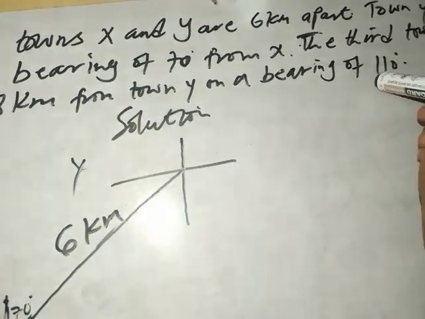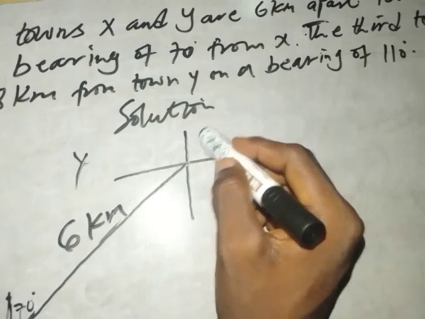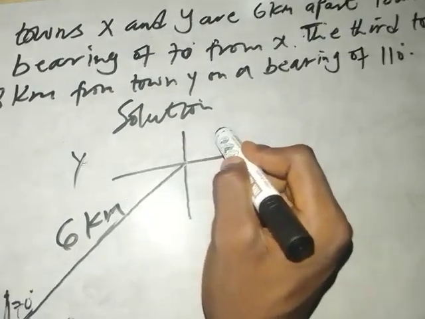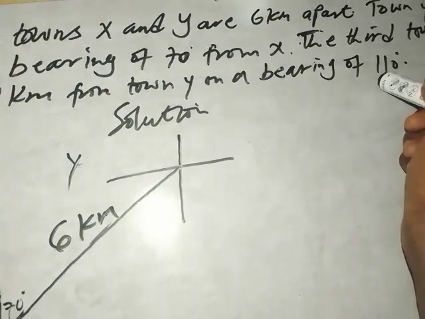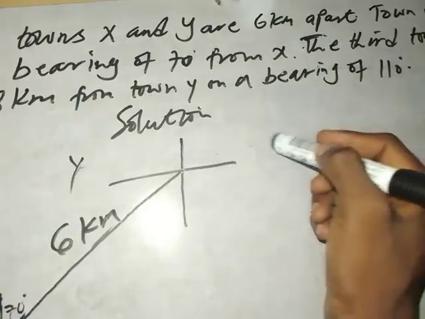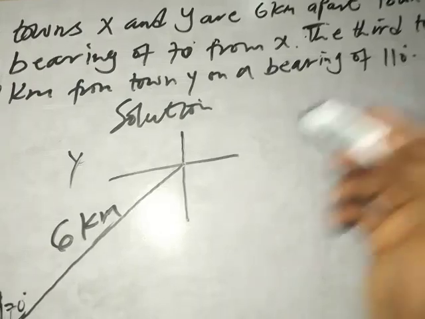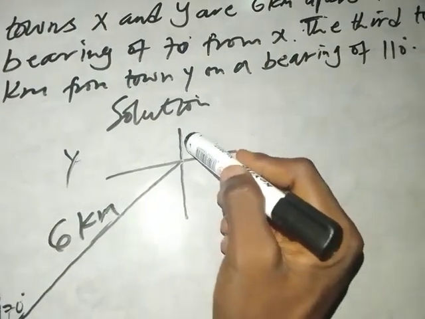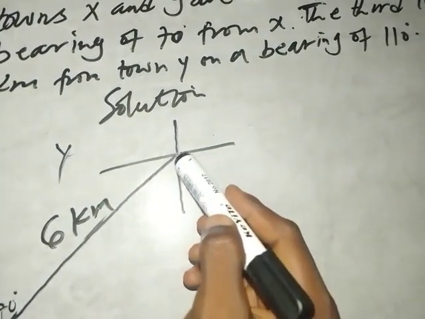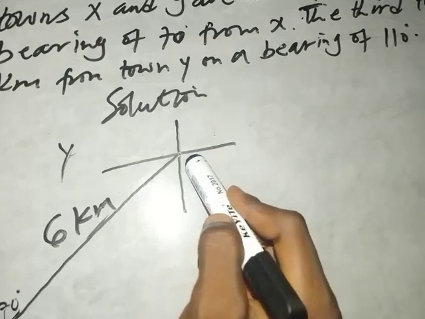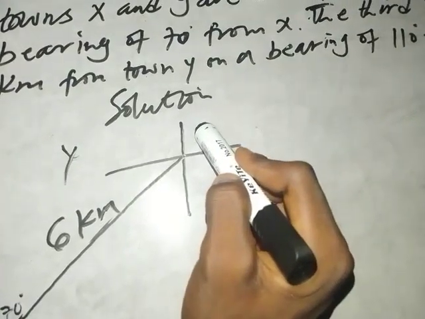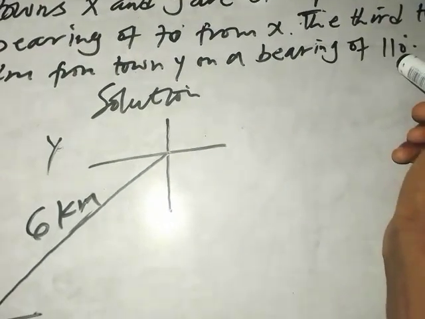To locate 110 degrees, you say 90 degrees. What should be added to 90 degrees to give you 110 is 20. So if this place is 90, you are going to draw out 20 degrees from the second quadrant and add to angle 90, which will give you 110 degrees.